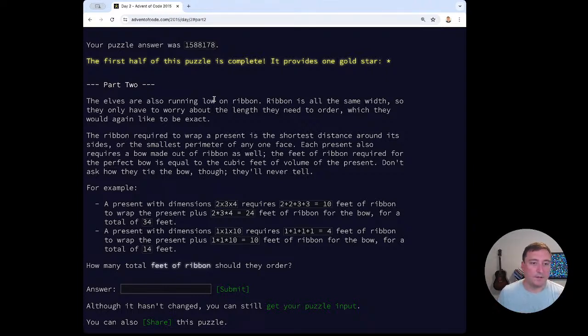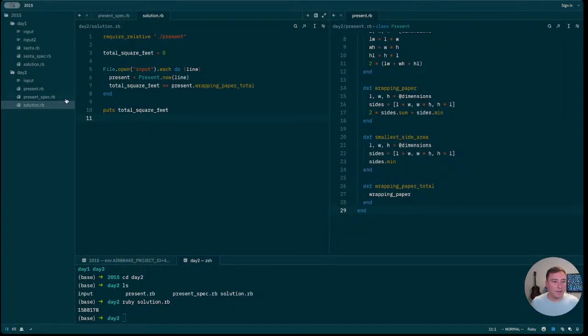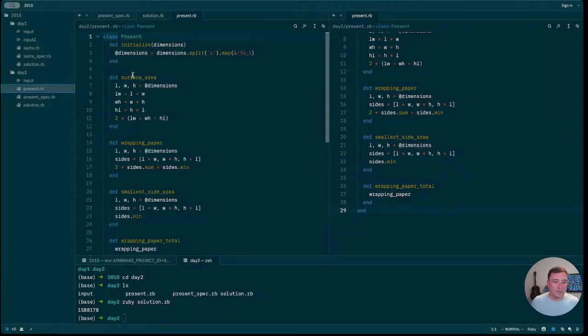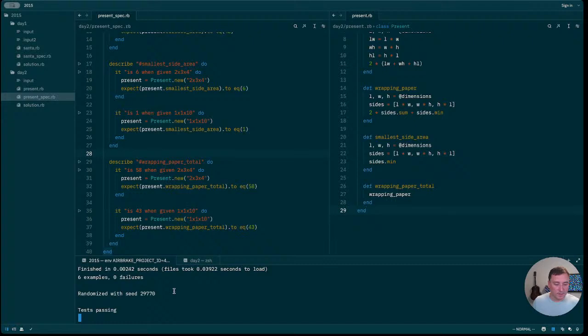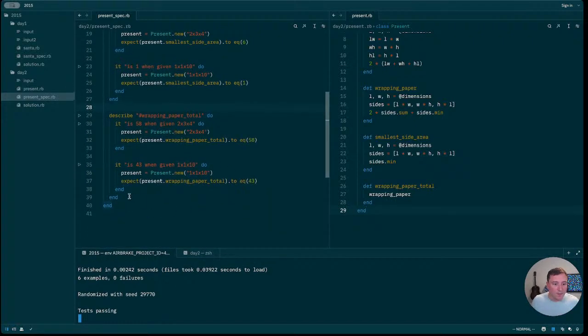So let's see here. Let's go back to the editor and to the present spec and back to the testing agent. And we need a couple more methods here.